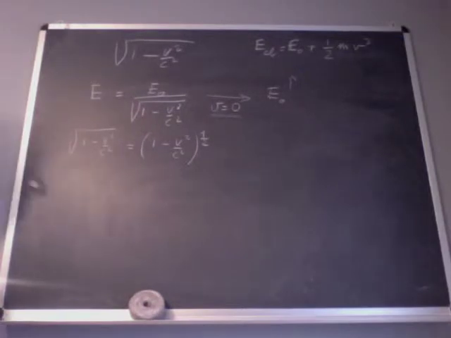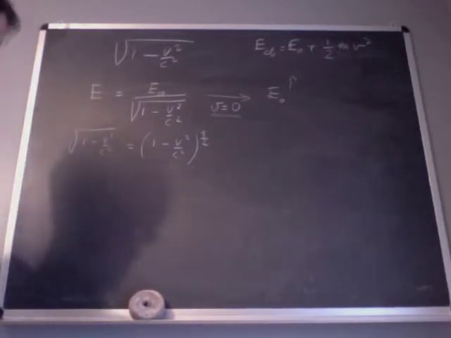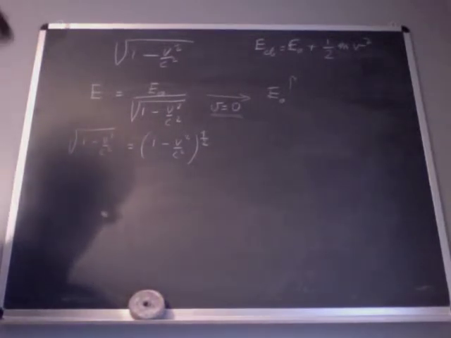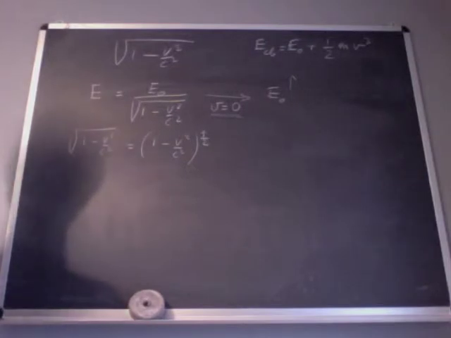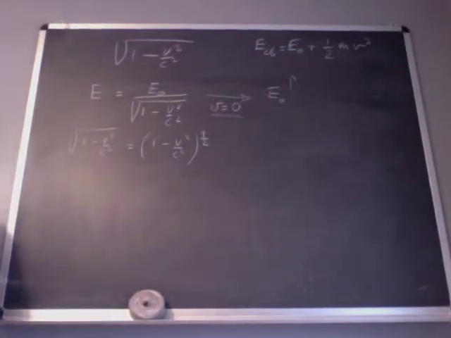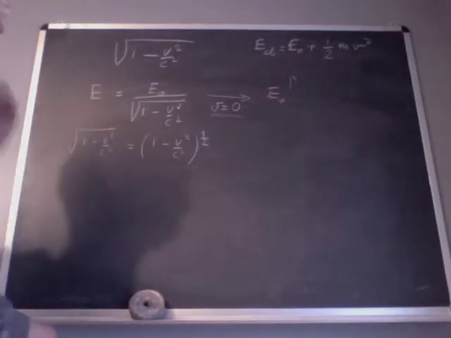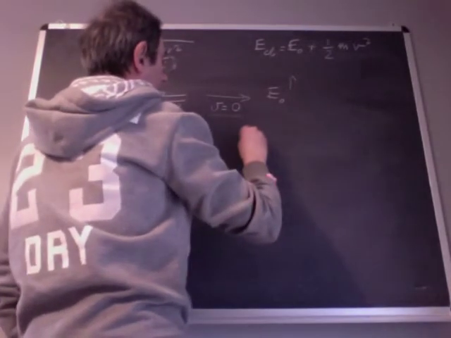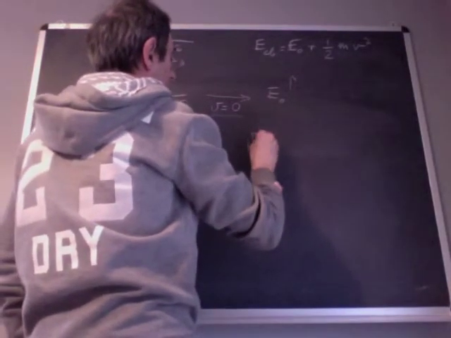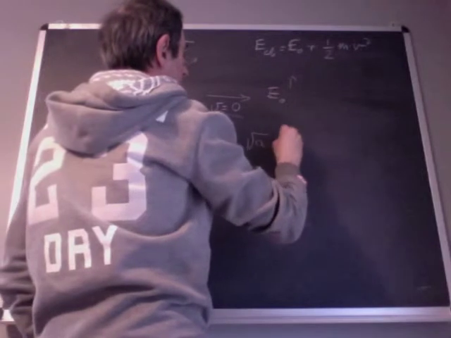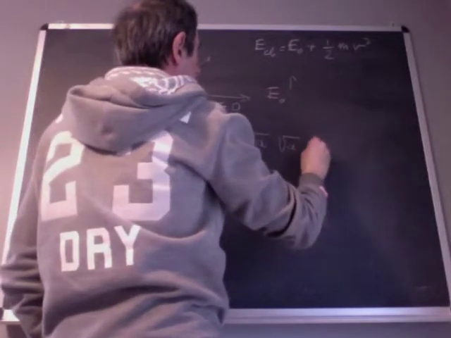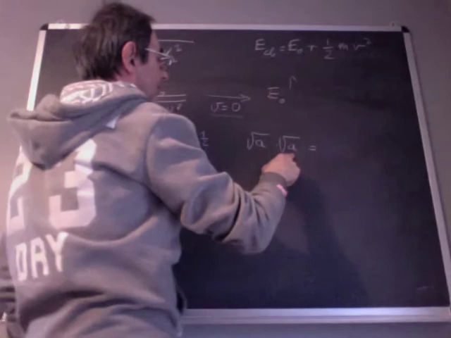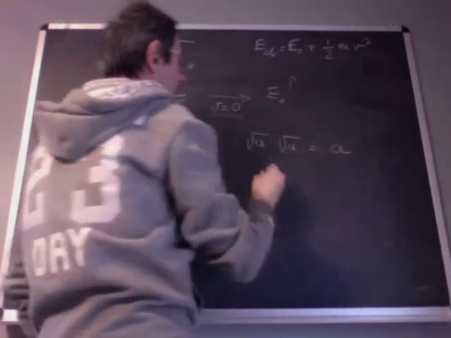This is a well-known property of the square root. The reason is simple, because I can show you that if you have the square root of, let's say, a times the square root of a, by definition this is equal to a.